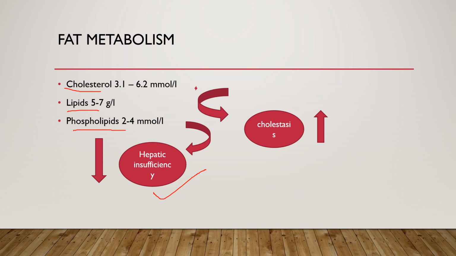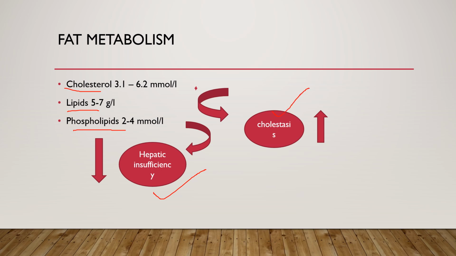But remember, if the level of cholesterol is decreased but the levels of lipid and phospholipid remain the same, we cannot say hepatic insufficiency. To determine any pathology, at least two factors must be increased or two factors must be decreased. For a decrease, we are talking about hepatic insufficiency.